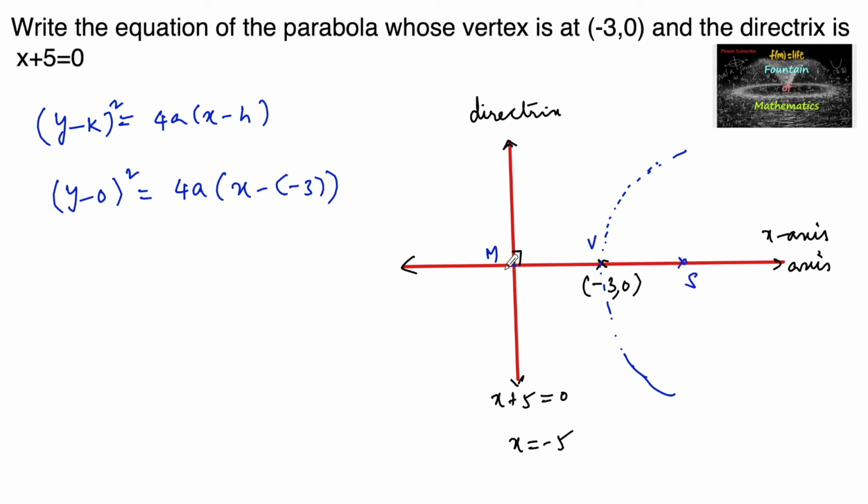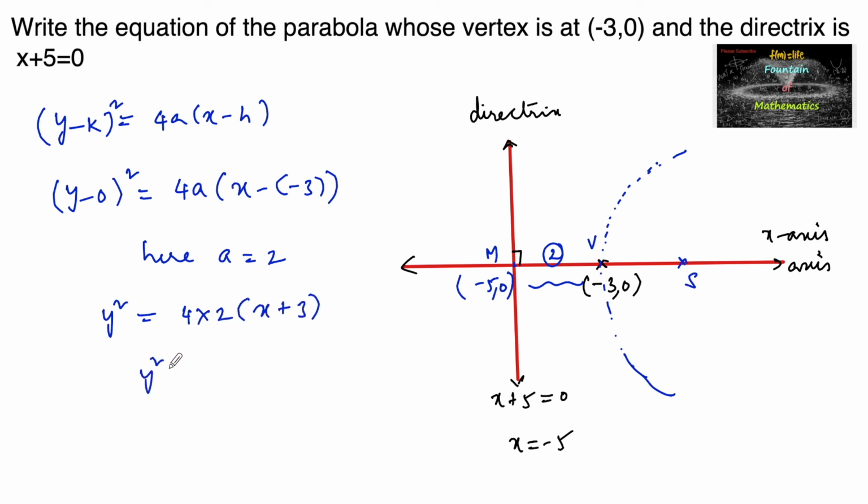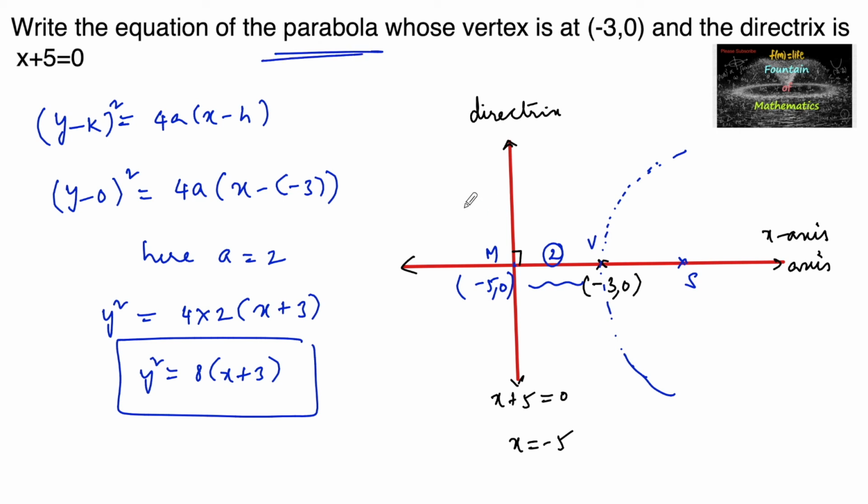So here the vertex to the directrix, the length is nothing but, here minus 5, 0 we can consider as the point. So its distance is 2 units. So we can take here a is equal to 2. So we can write y square is equal to 4 into 2 into (x plus 3), that is y square is equal to 8 times of (x plus 3). So y square is equal to 8 times of (x plus 3) is the required equation of the parabola.